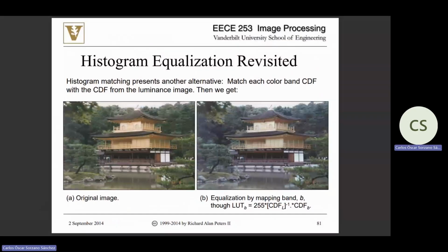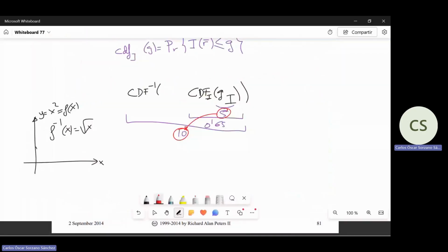Now we can do something different because I can do the histogram matching of each one of the bands to the luminance. Okay, and this is my new lookup table. So my new lookup table is the CDF of each one of the bands, and then I'm matching it to the luminance. You see the kind of equation that I wrote here, right?